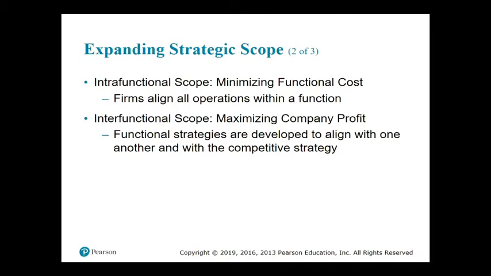All right, so, but a weakness of this intra-functional scope is that the different functions within a firm may have conflicting objectives. So, for instance, marketing departments may focus on revenue maximization, whereas the manufacturing and distribution may focus on cost minimization.